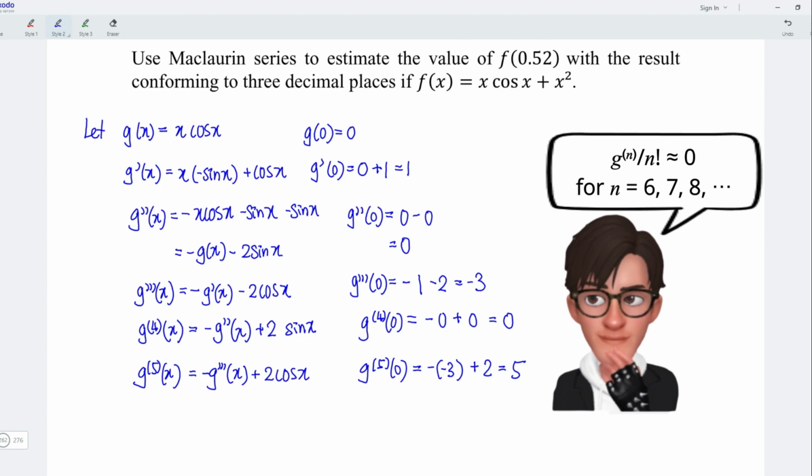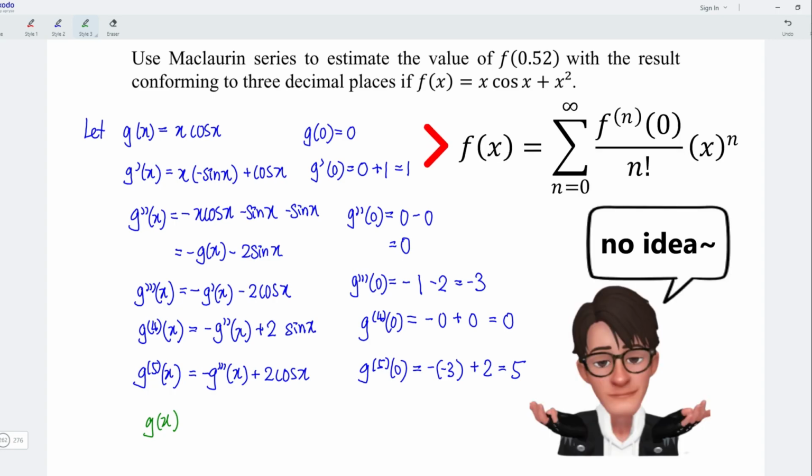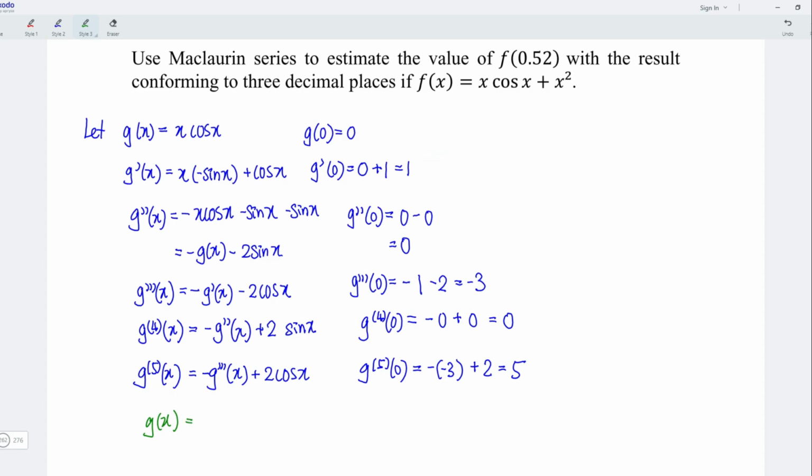Since the sixth and the higher order contribute values that can be neglected, I'm going to stop differentiating further, but form the Maclaurin series for the function g(x). If we have difficulty in using the formula, let's follow this hack. Always start from 0, so we should have 0 factorial and multiply x to the power of 0, leaving the numerator blank.